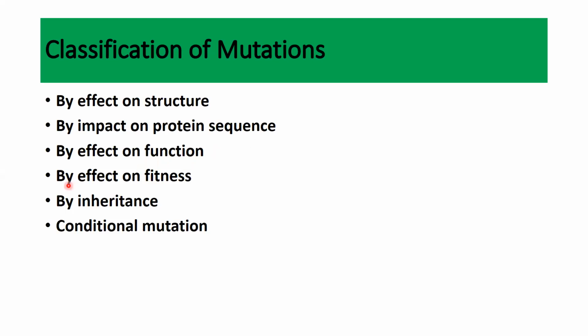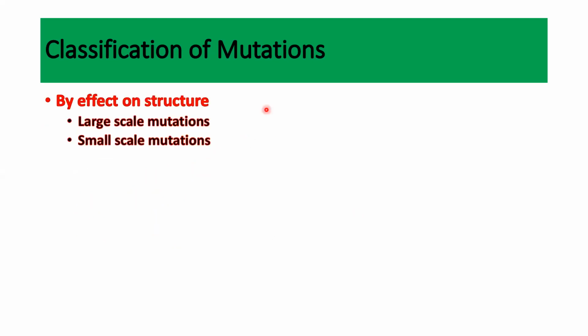Similarly, we can also classify mutations based upon their effects on survival or fitness of organisms in an environment. We can also classify mutations based upon their inheritance, I mean, if they are somatic, in somatic cells, or in germline cells. And the last one is conditional mutations. From now on, we shall discuss all these different classifications one by one.